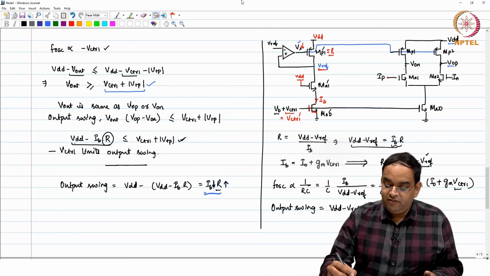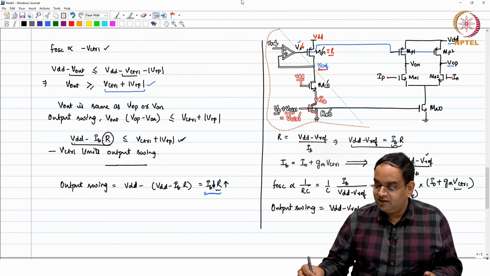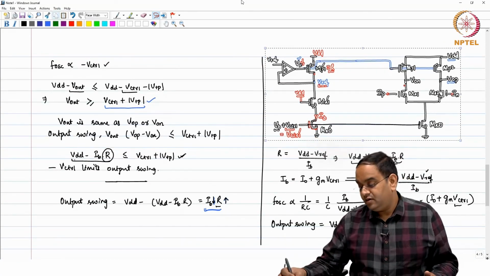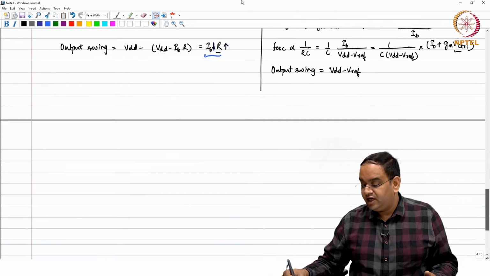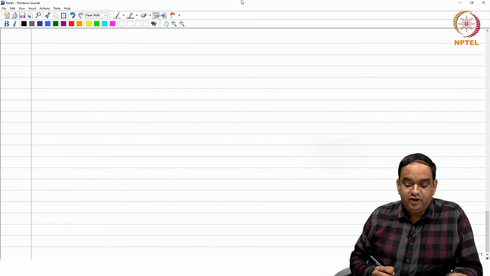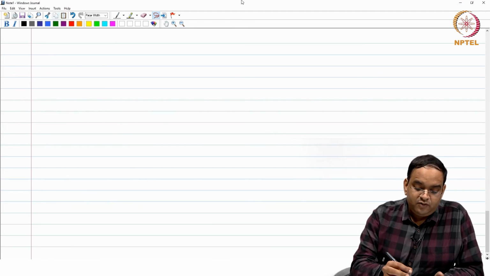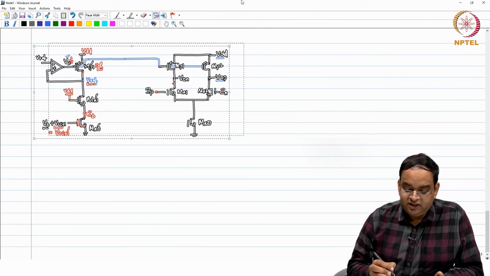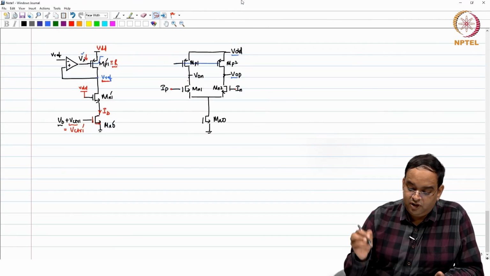Now, when you design with transistors like this, you will see that the nonlinearity of this transistor Mn0 will affect your frequency gain with respect to the control voltage. If that is the case, what you can do is the following.